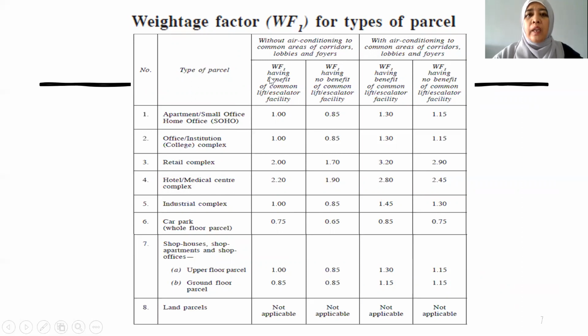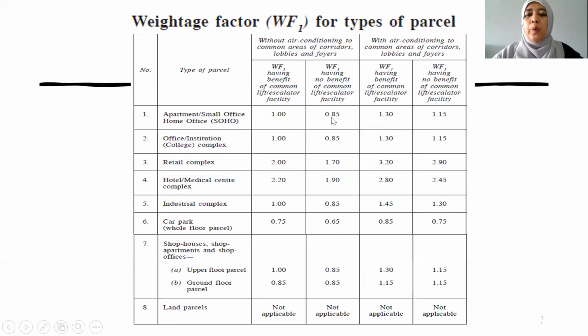For each of the segments here, with and without, you have the common lift or no lift. So maknanya aircon, no aircon, lift, no lift. So for each type, you can see the difference. You can see here that without air conditioning is lower than with air conditioning.